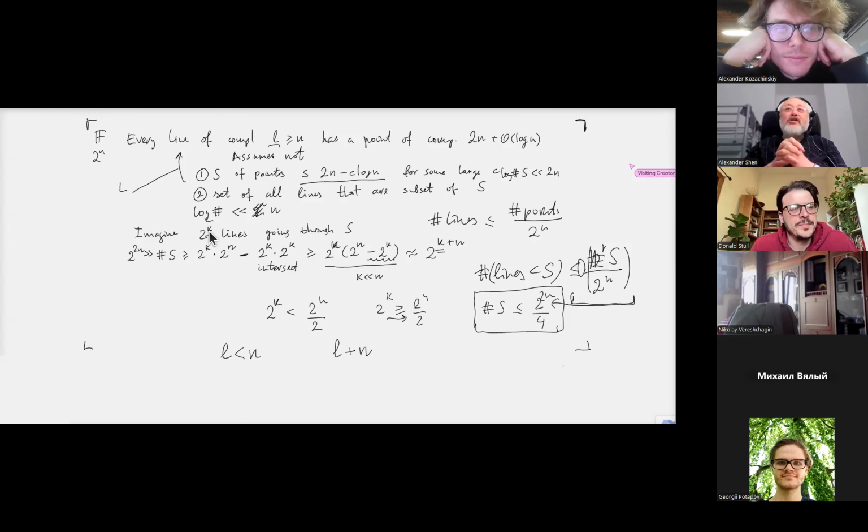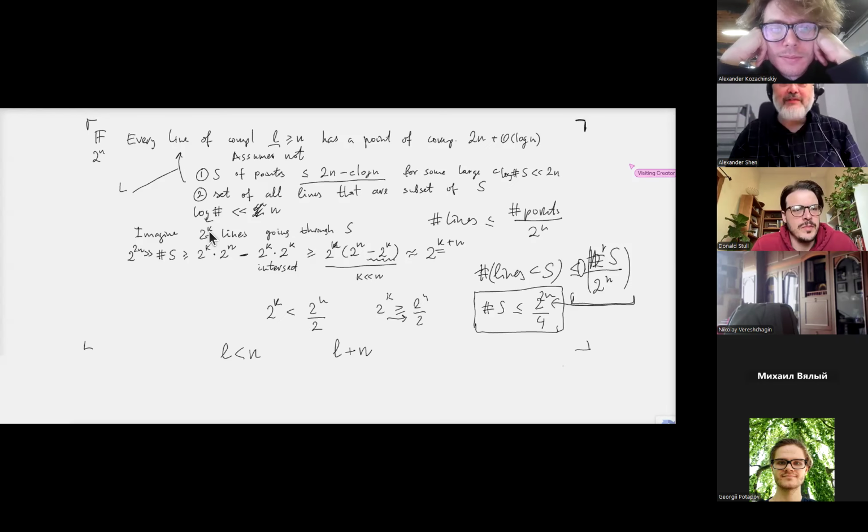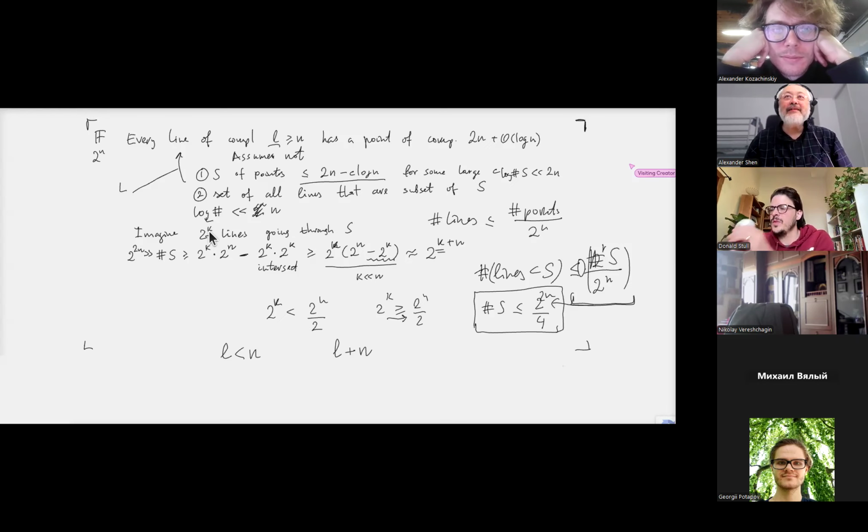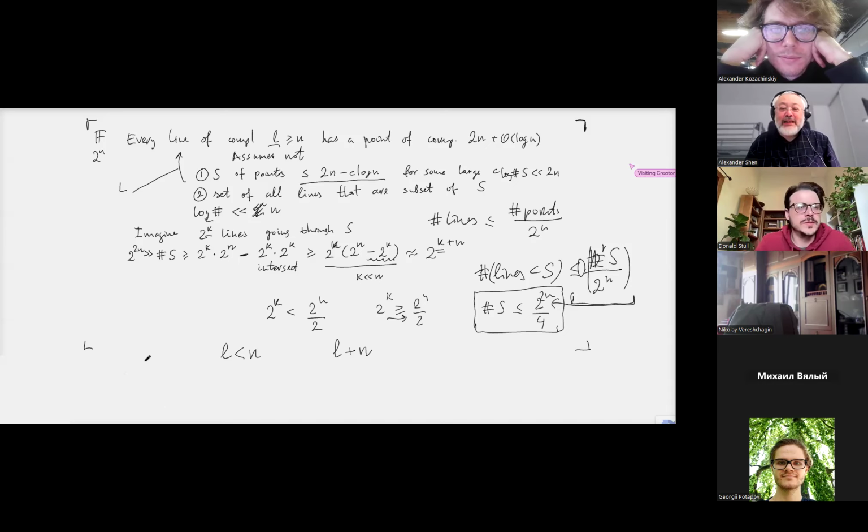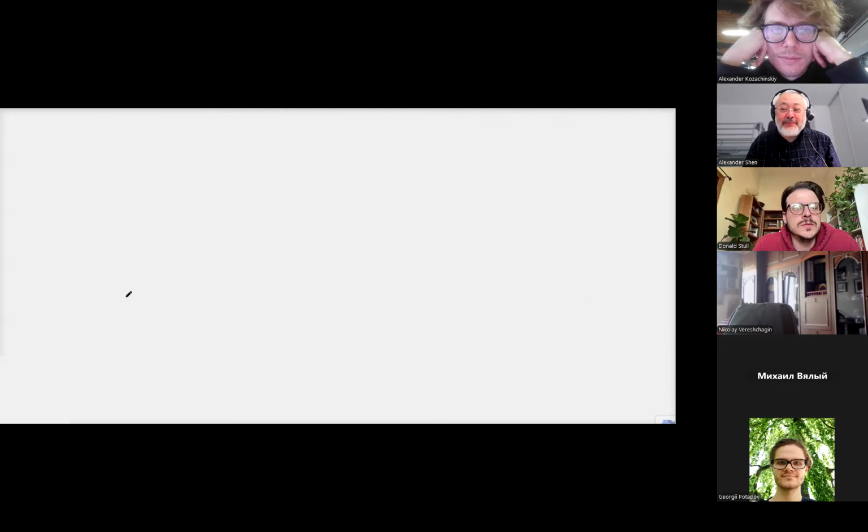Okay, so any questions about this combinatorial proof? And then let me try to give a complexity proof, because it's important, because the final result can be proven by this argument, and I don't know any combinatorial proof.